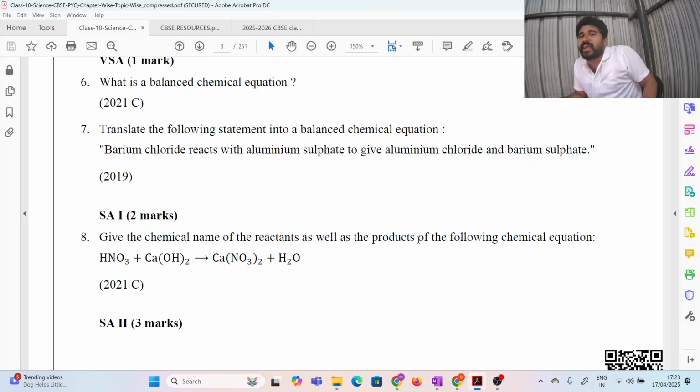Barium chloride reacts with aluminium sulfate to give aluminium chloride and barium sulfate. You have to write the balanced chemical equation.